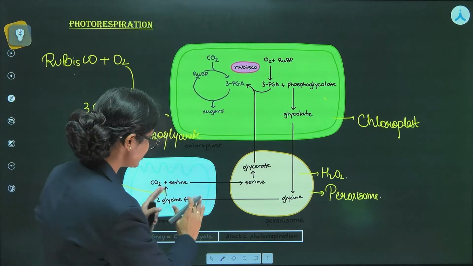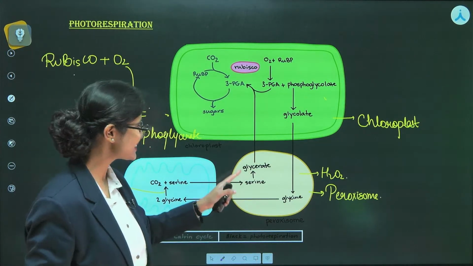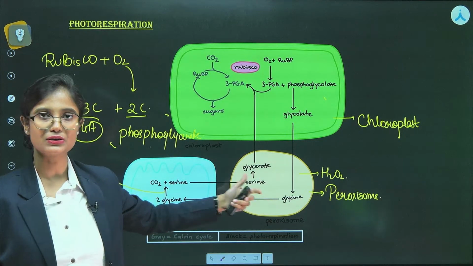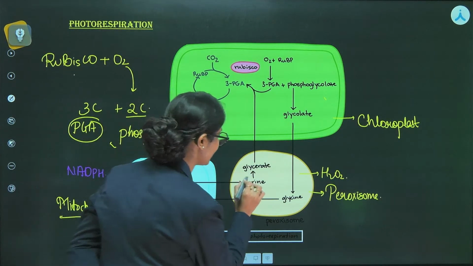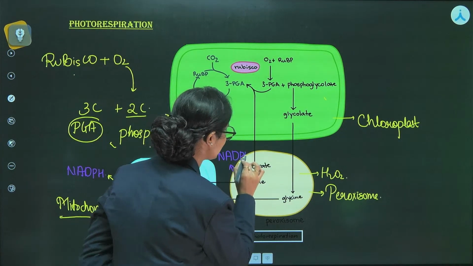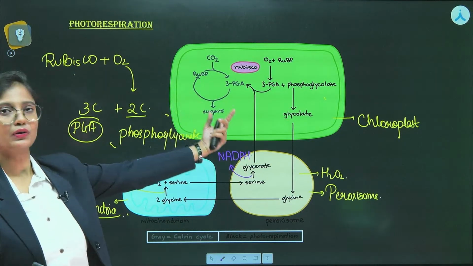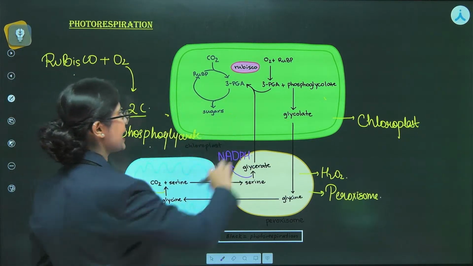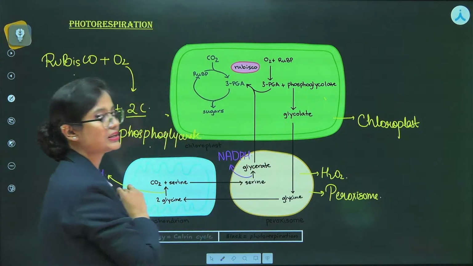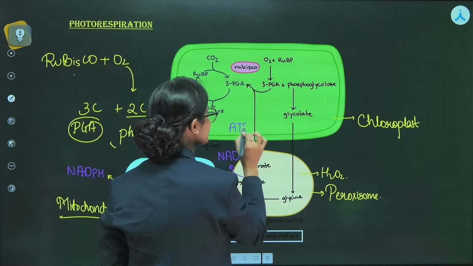Now this serine will move from the mitochondria to the peroxisome, and here it will get converted into glycerate. Again here one molecule of NADPH will get utilized. Now this glycerate will again go into the chloroplast and lead to the formation of PGA, and here a molecule of ATP is utilized.